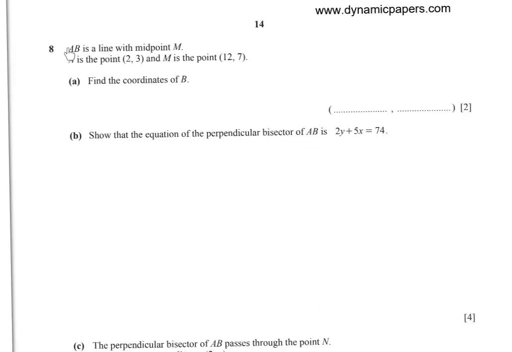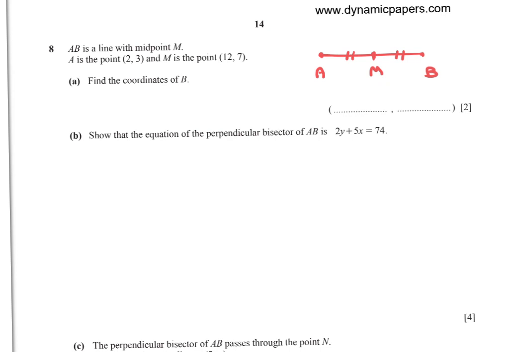Number 8. AB is a line with midpoint M. A is 2, 3 and M is 12, 7. Find the coordinates of the point B. Now we have the midpoint and we have one end, we need to find the other end. So this is point A and this is point B and this is the midpoint.